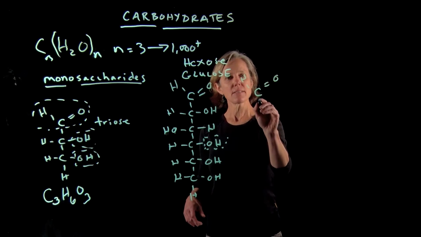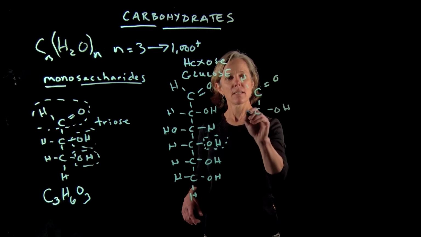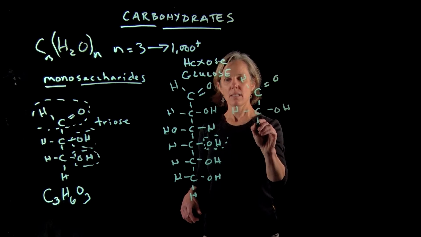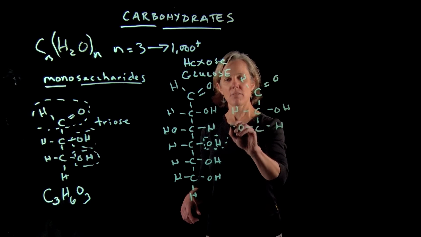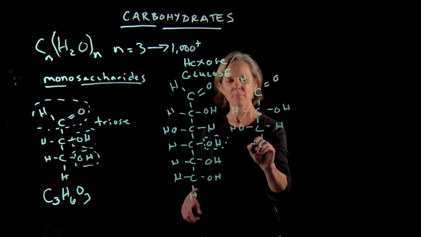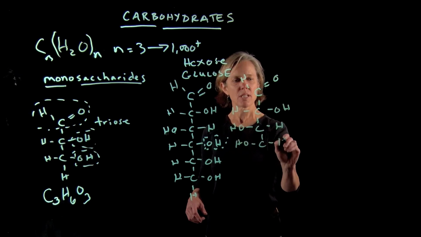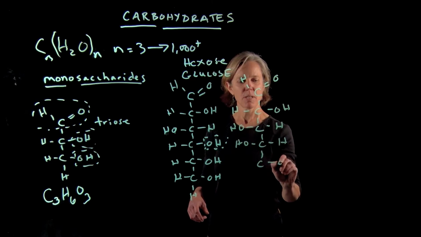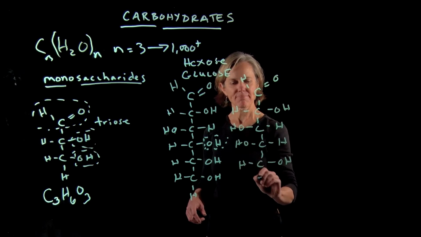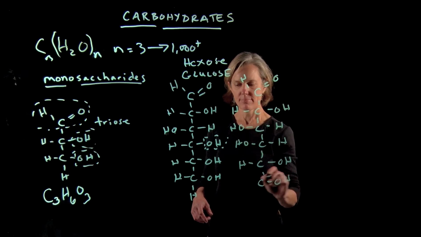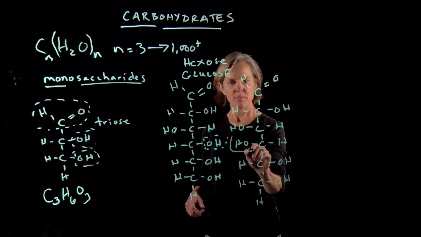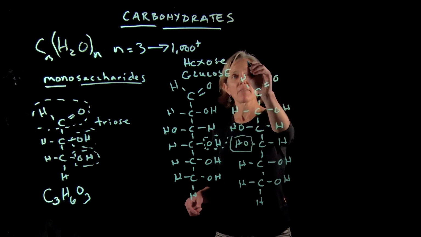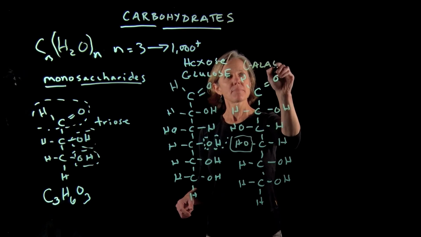Carbonyl is in the same place. Everything else is in the same place, but we've simply moved that hydroxyl group to the other side. Okay, moved it over here, and now we have galactose.